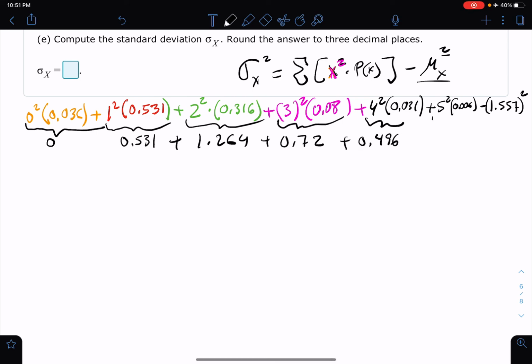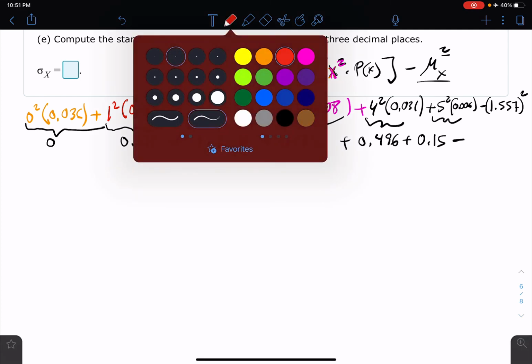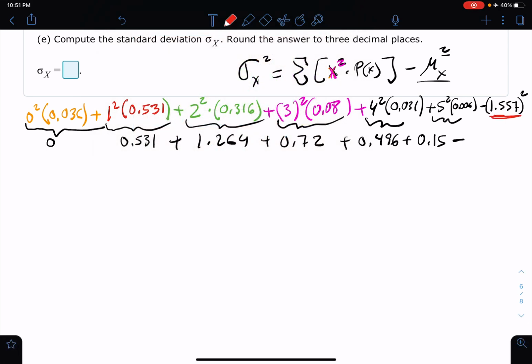And then this guy is really getting kind of tight here. I had to zoom in to make this happen. 0.15. And then finally this last little bit right here. I'll do that in a different color. We take 1.557 squared, and we get minus 2.424249.